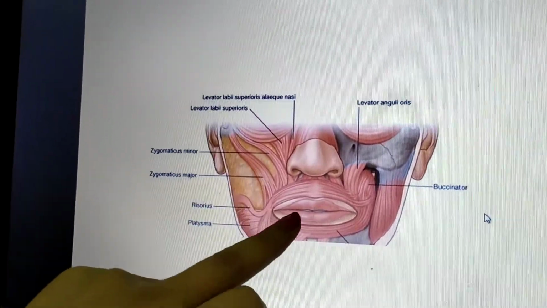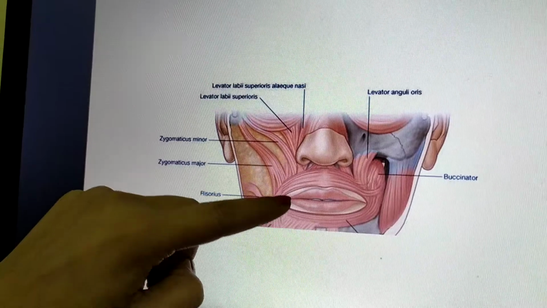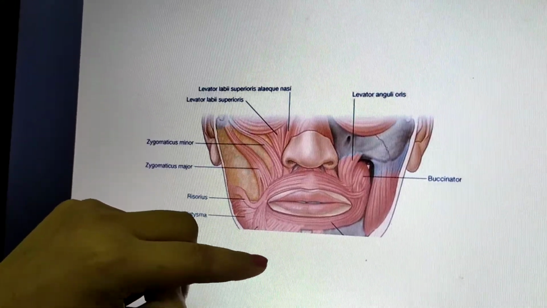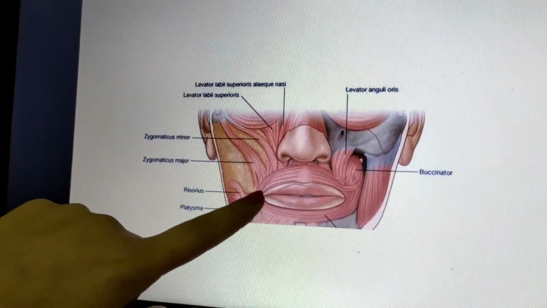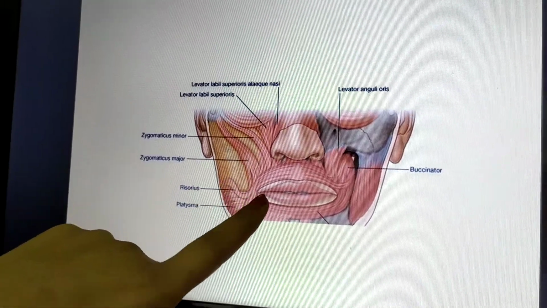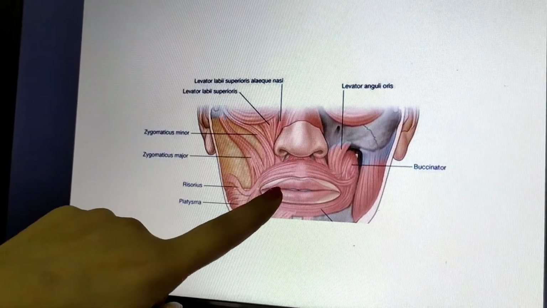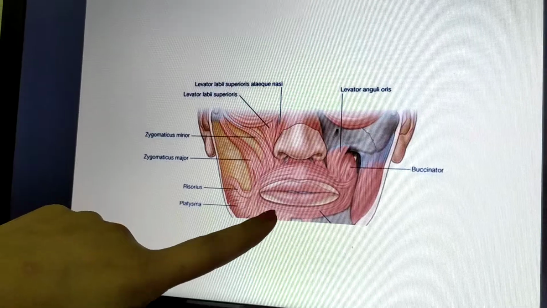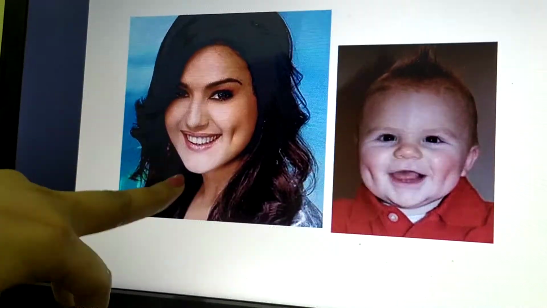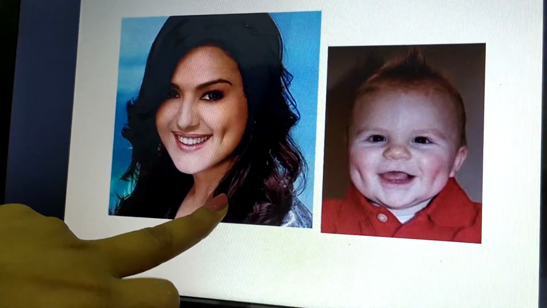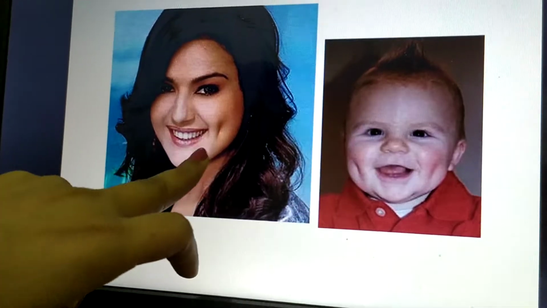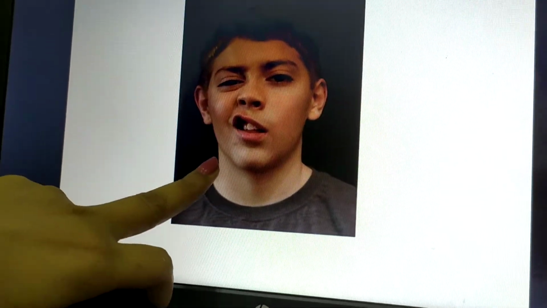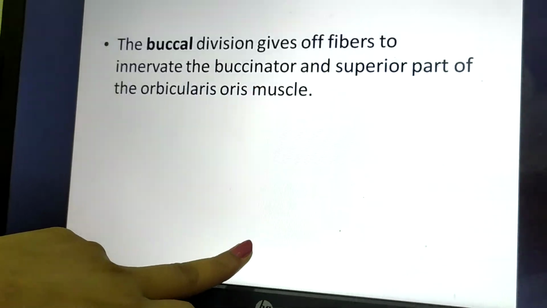Zygomaticus minor elevates and everts the upper lip, but both are smile muscles. This action is done by the zygomaticus major. Dimples occur with zygomaticus major. This action is done by the zygomaticus minor.